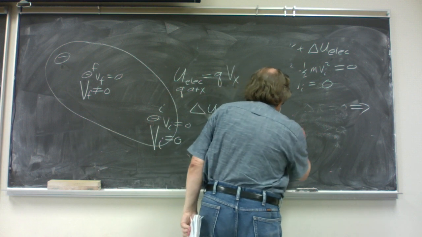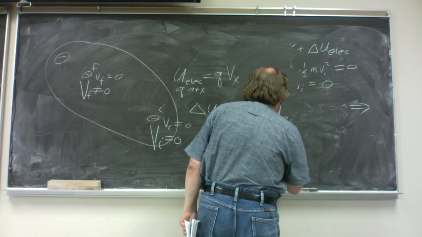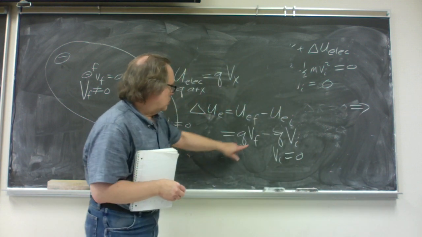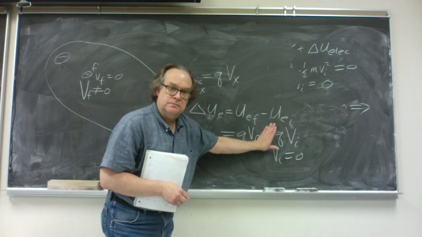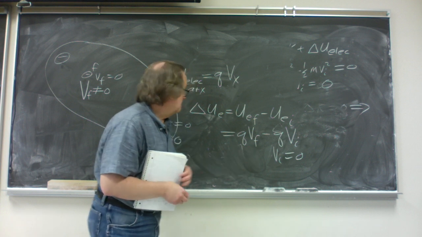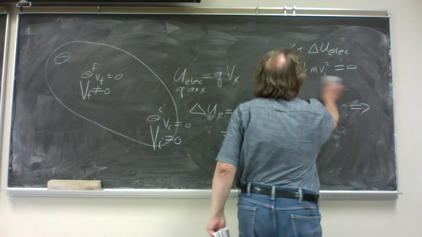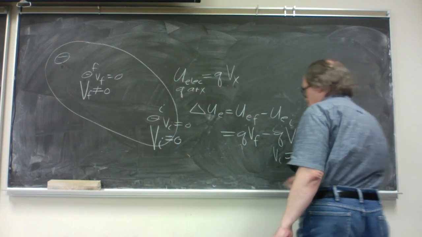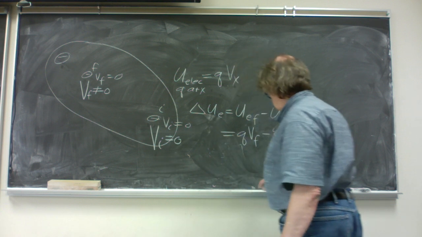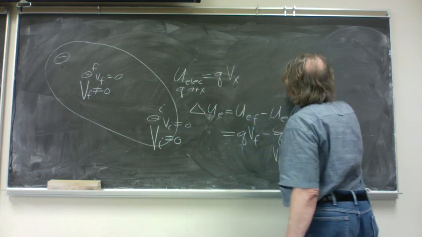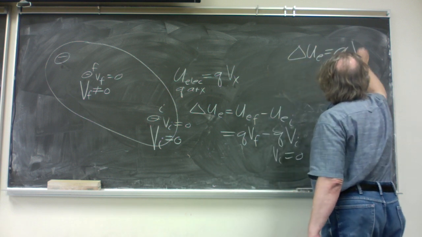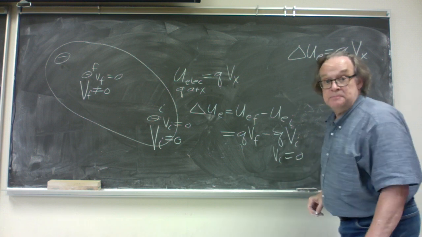So the initial potential was 0. So all you have on the right-hand side is charge times potential at the final location, or charge times potential at the location called x. So let's write that. The gain in potential energy is just charge times potential at x.